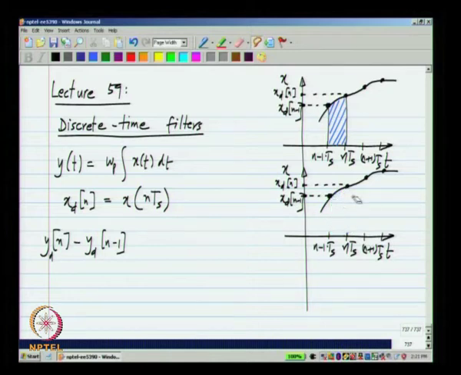I do not know the continuous curve. So, there are a few things that I can do. First of all, I will take the value of x_d of n minus 1 and find that area, that is one possibility.